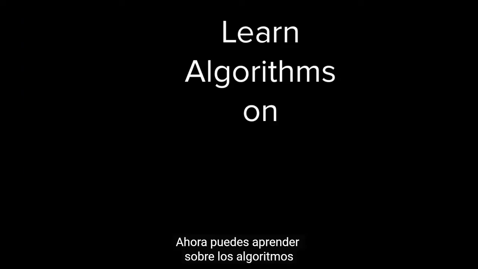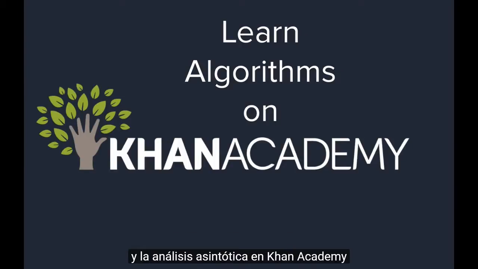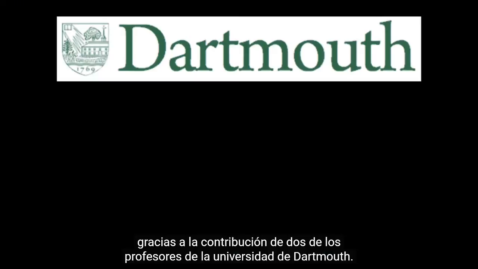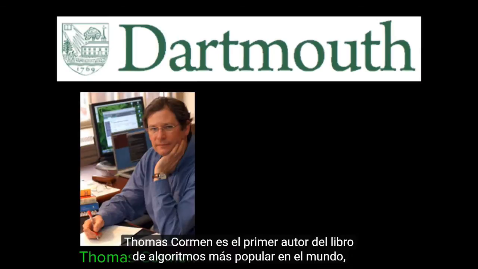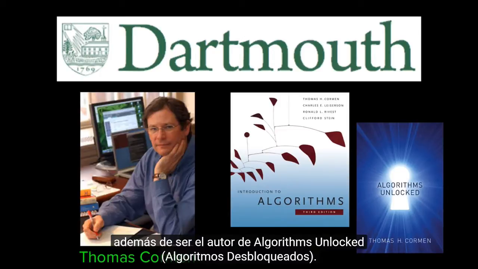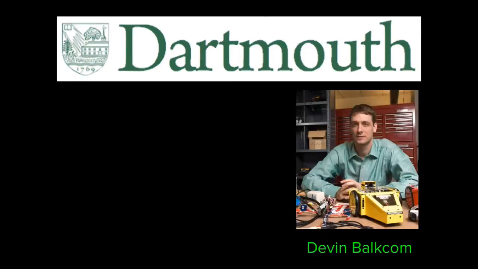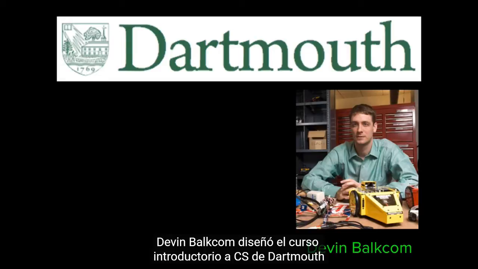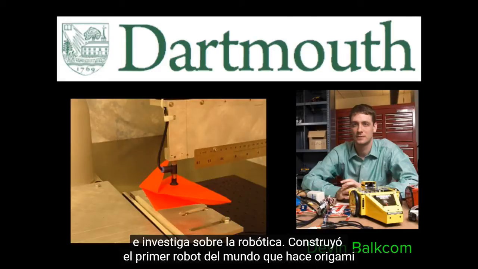Now, you can learn about algorithms and asymptotic analysis on Khan Academy, thanks to the contribution of two Dartmouth College professors. Tom Cormen is the first author of the most popular college algorithms textbook in the world, plus the author of Algorithms Unlocked. Devin Balkcom designed Dartmouth's Intro CS course and researches robotics.